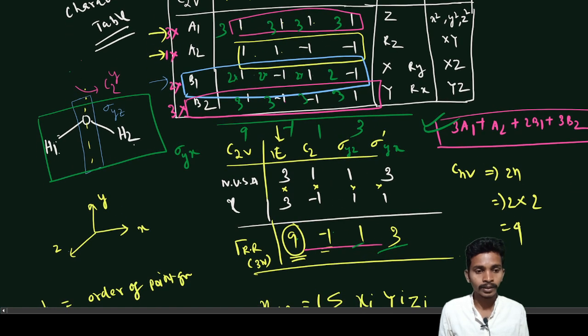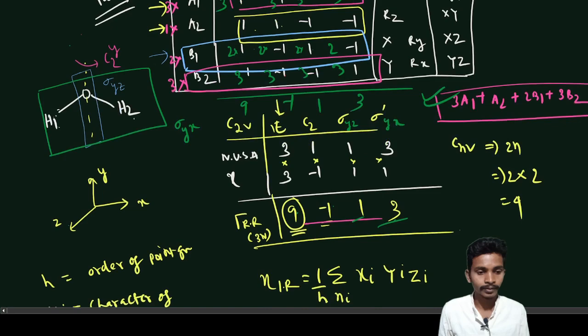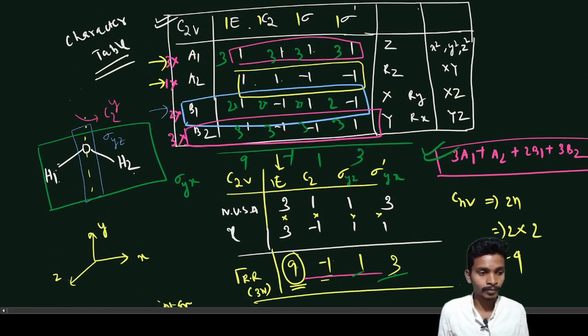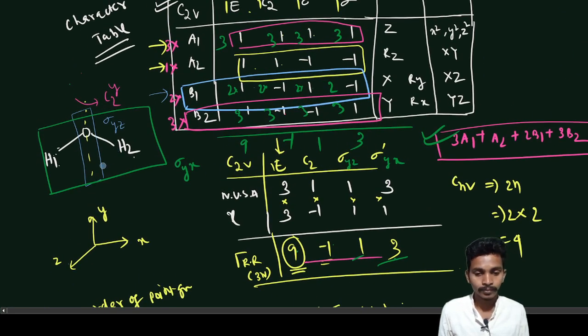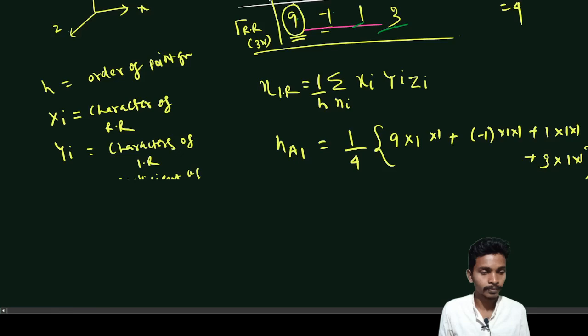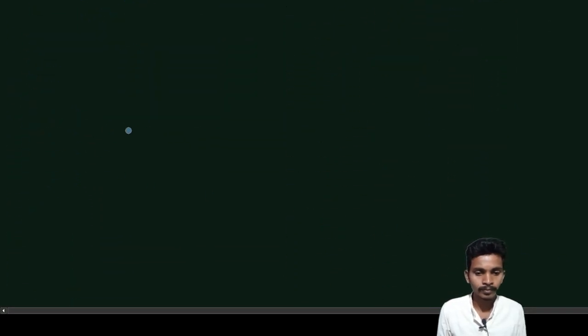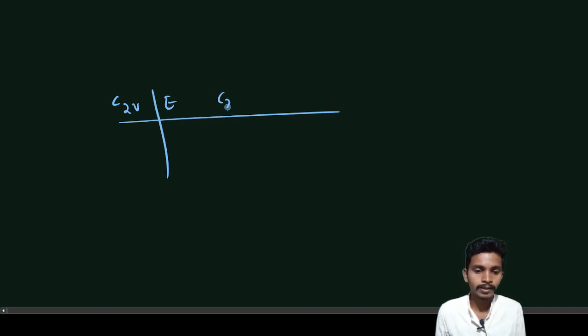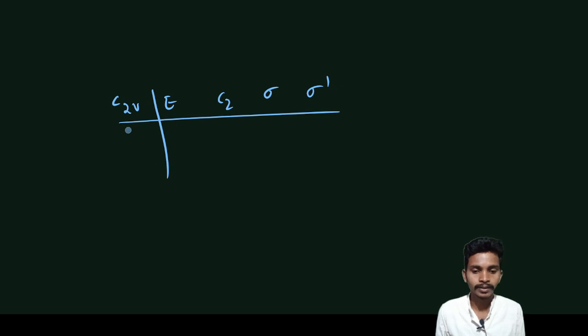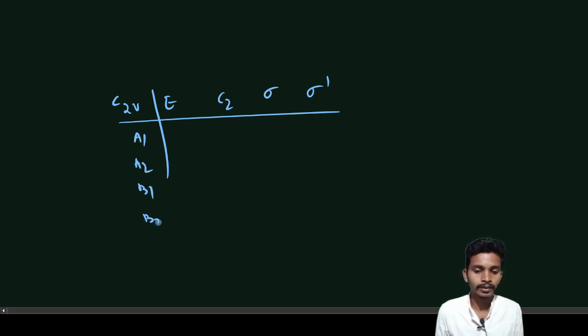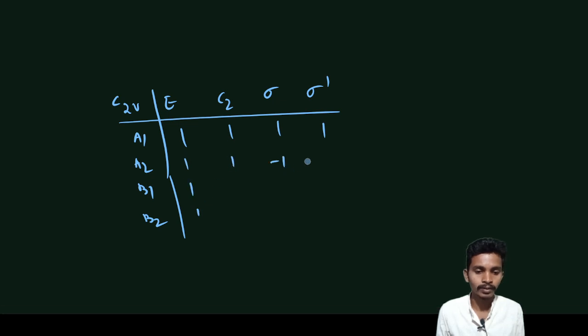It is needed to draw the character tables again. C2v point group: E, C2, sigma and sigma dash, and this is A1, A2, B1, B2. A1 is 1, 1, 1, 1; A2 is 1, 1, minus 1, minus 1.